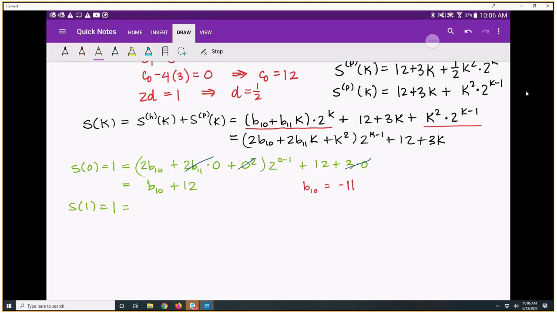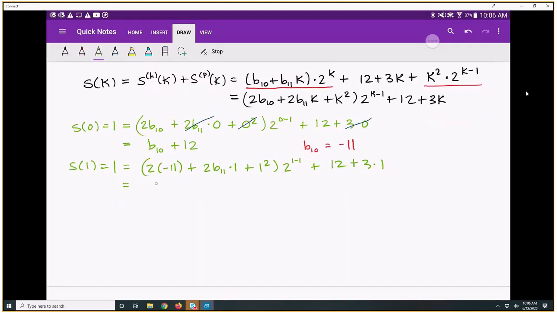and S of 1 is equal to, well, 2 times b10, but I already know my b10, so that's going to be 2 times negative 11 plus 2b11 times 1 plus 1 squared, and all of that is times 2 to the 1 minus 1, then plus 12 plus 3 times 1. So this is minus 22 plus 2b11 plus 1, and that's all multiplied by 2 to the power 0, which is 1.